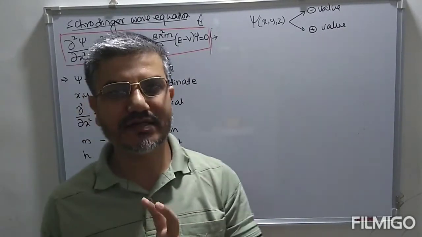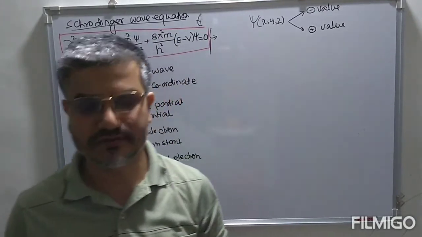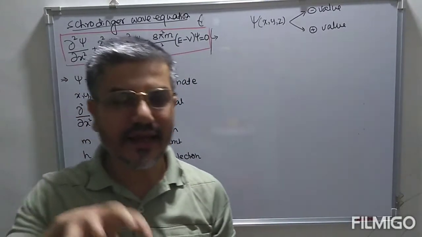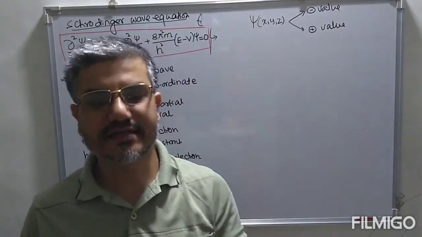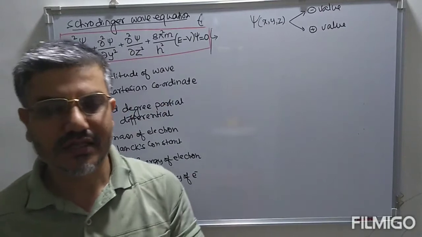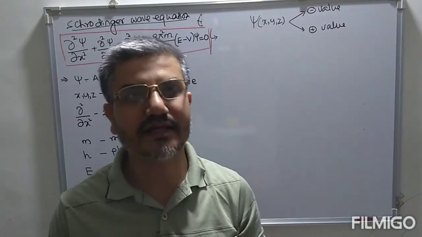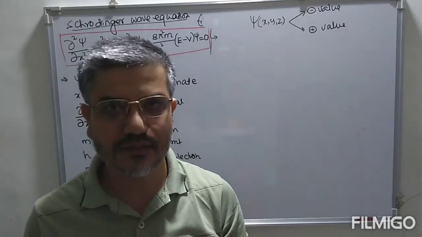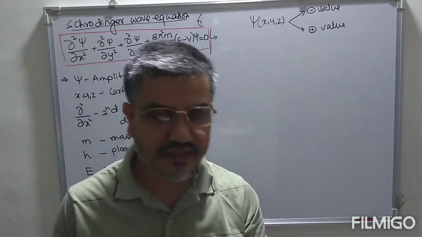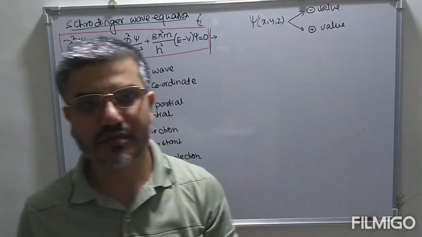But the problem arises, we have to find the probability of finding the electron inside this atom. The probability of finding electrons can never be negative. We can simply say the probability is there or there is no probability. Either the probability is 1 or the probability is 0.